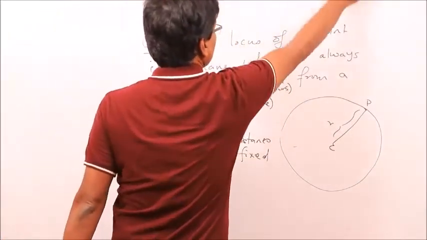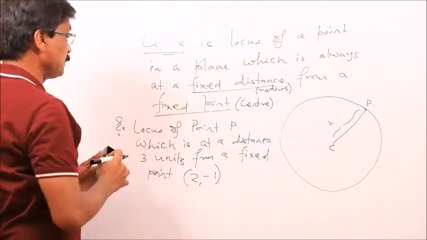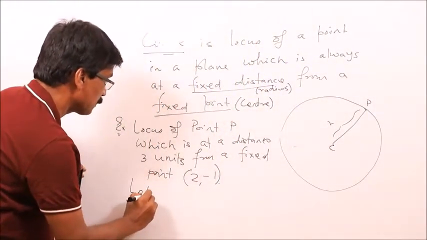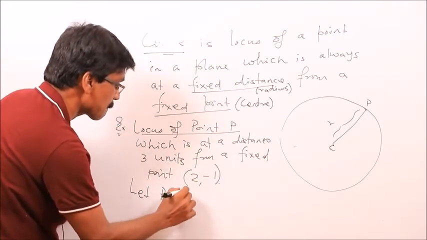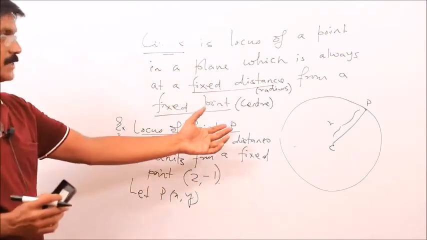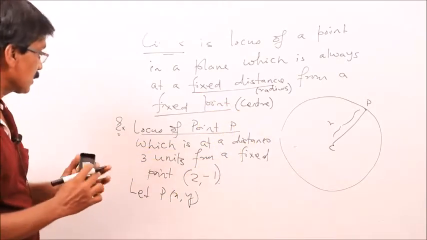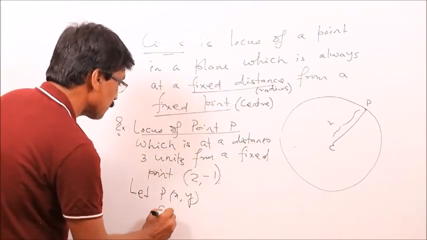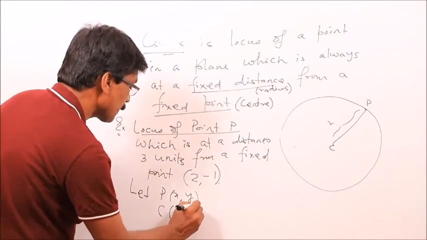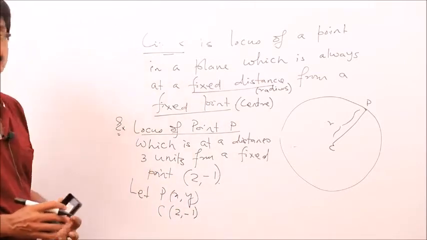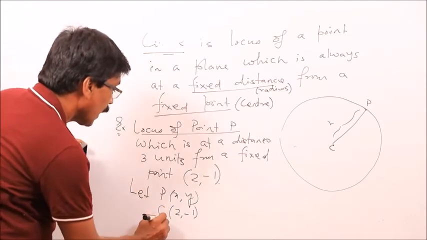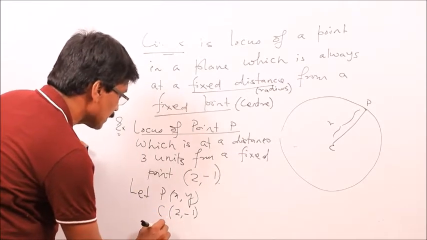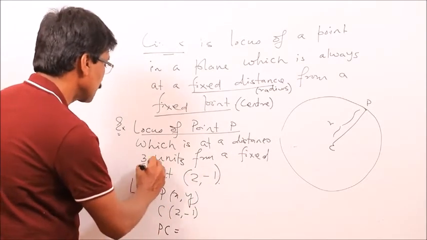Here, to find the locus of point P, let point P be (x, y). The point C (2, -1) is the center, and the distance PC is equal to 3 units.